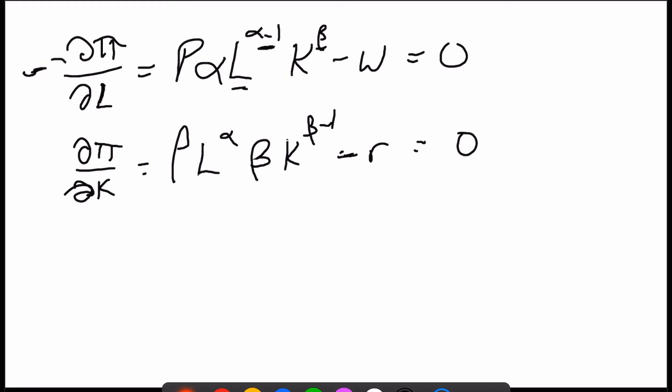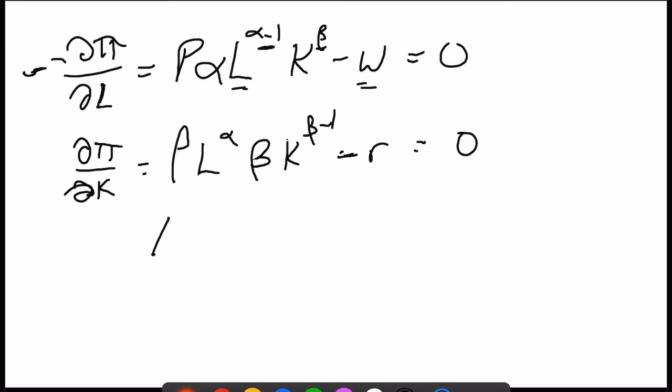I could figure out the ratio of those, deal with capital-labor ratios, and find the optimal amount of labor. And the higher the wage, the less value there is in adding labor, and just the opposite here.